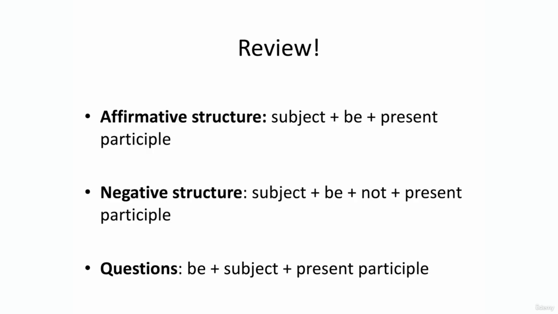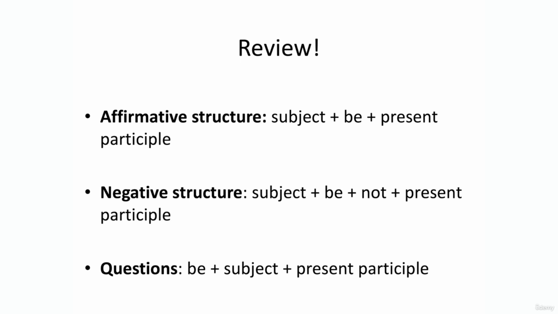To form affirmative sentences in the present continuous, we follow the structure subject plus the auxiliary verb to be plus the present participle, which is any verb ending with the letters ing.